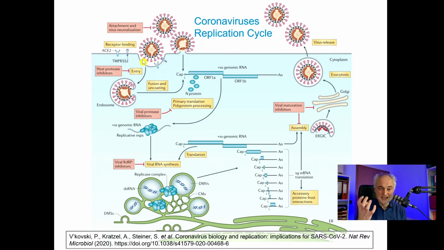The virus needs to release its genetic material. This happens on the level of an endosome. For that, a couple of host proteases are involved, including a host protease called TMPRSS2. This is required to achieve this fusion. If you block this molecule, as we will see later on, you will block viral entry.